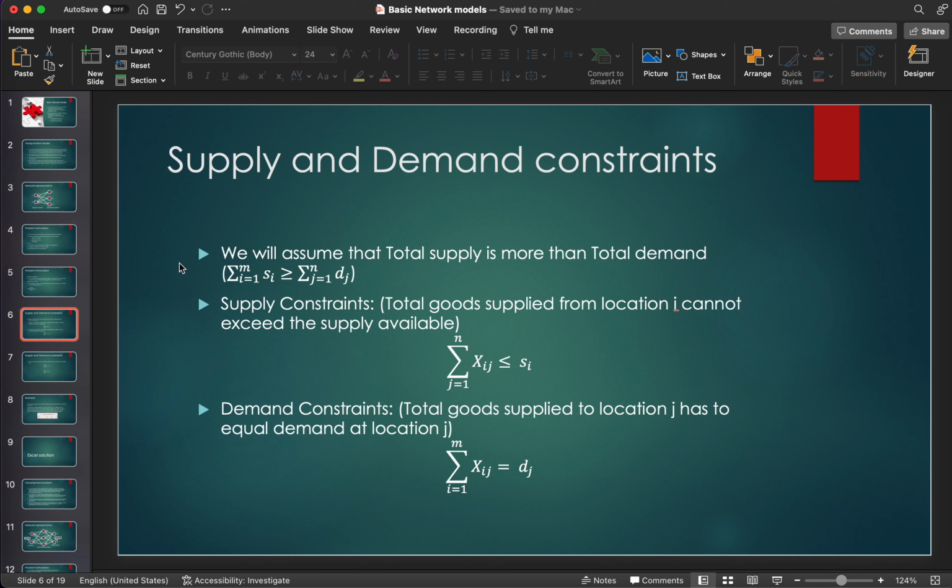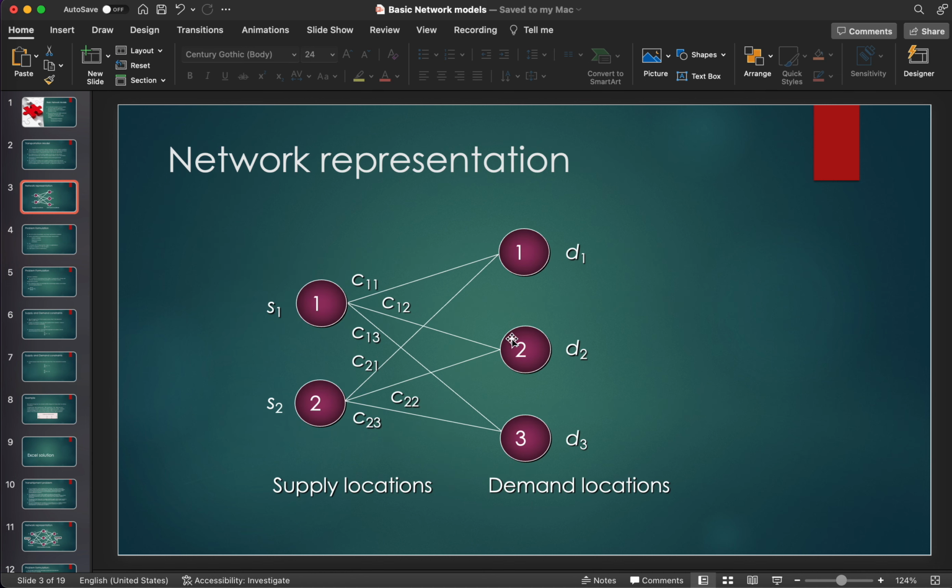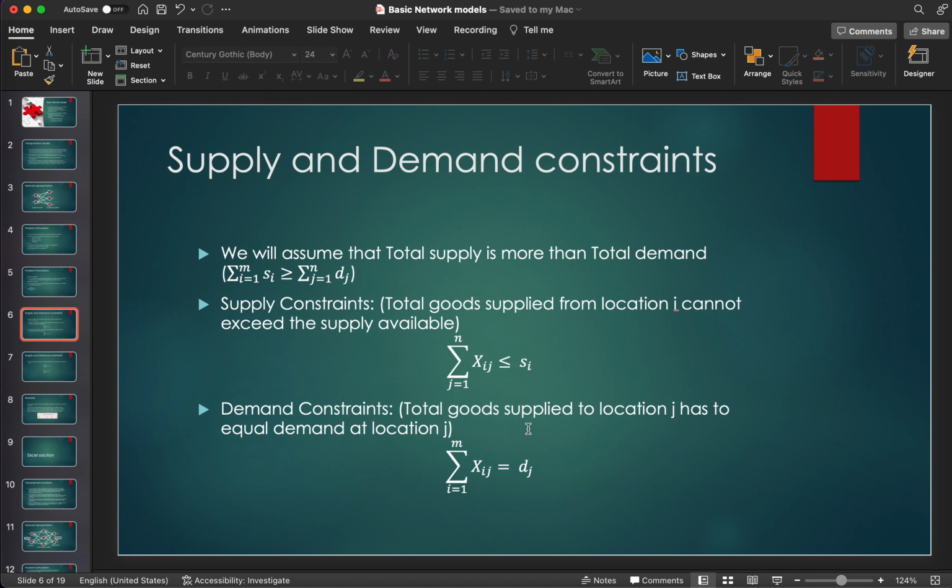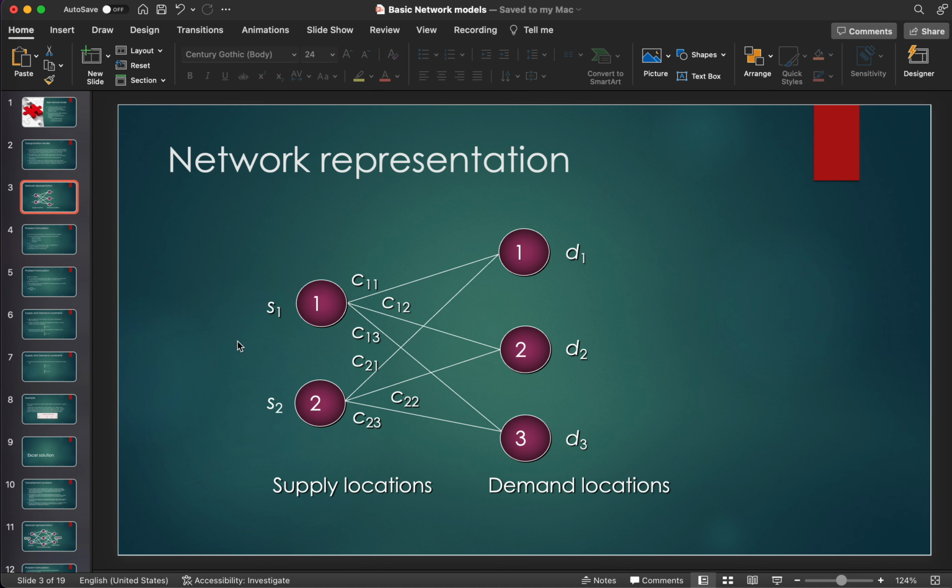So two things here. First, you're adding up all the x's. So you'll say x11, x12, x13. The supply location will be fixed, but you're looking at all three demand locations. So everything that gets transported from this particular supply location to all the demand locations. You're adding up all the x's. That has to be less than or equal to the supply. Why less than or equal to the supply?